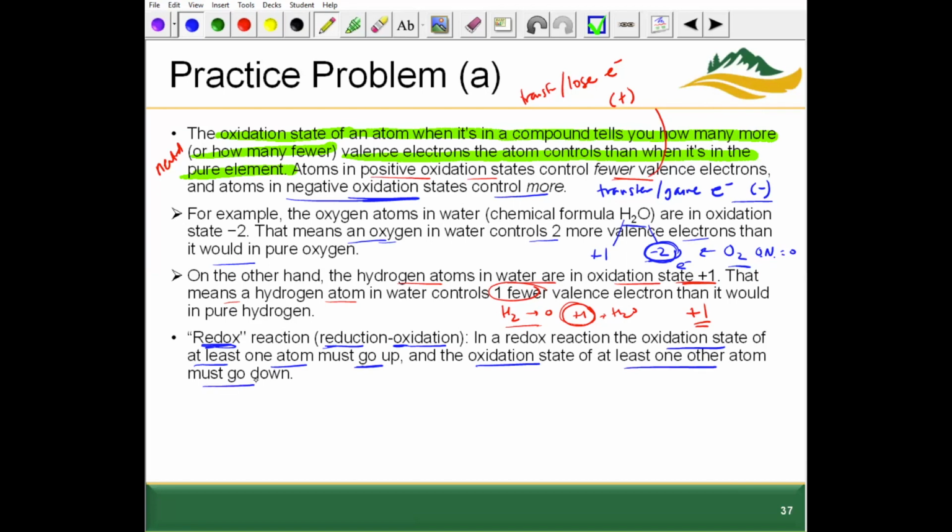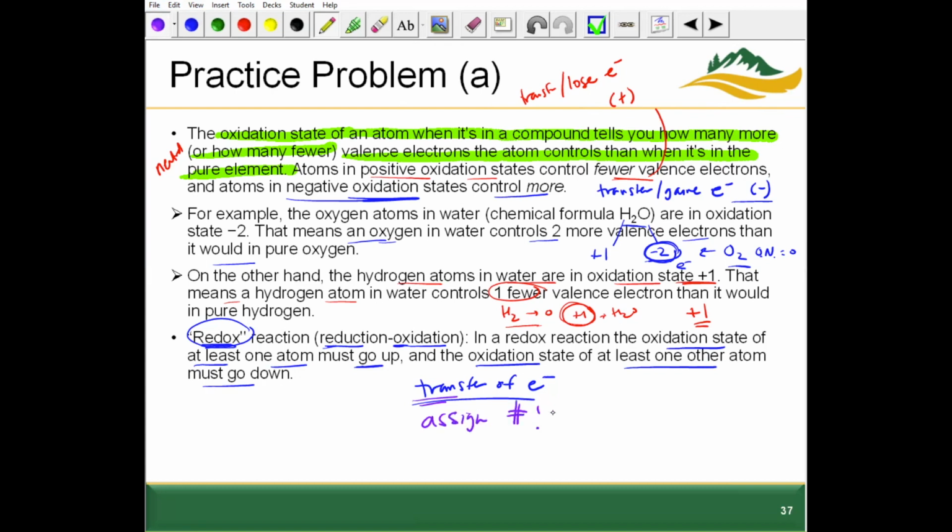So there's some transfer of electrons in these redox reactions. Again, we'll look a lot more into this in the rest of chapter 4. But what will play into this is knowing how to assign oxidation numbers.